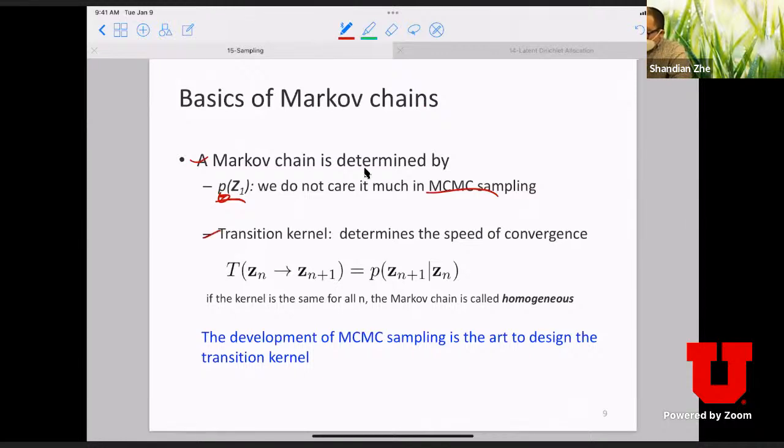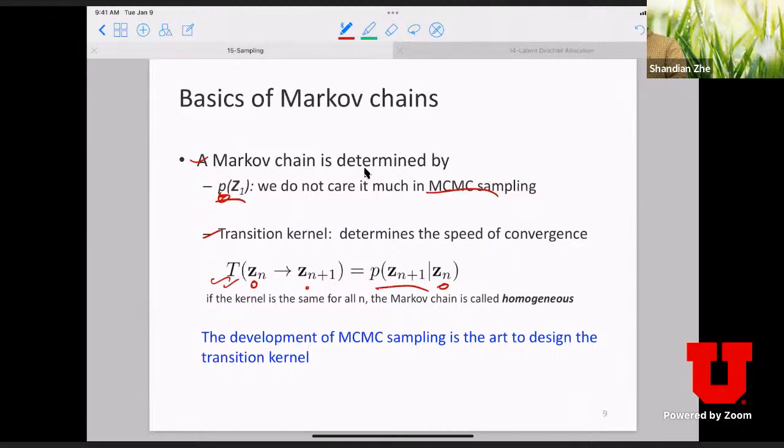And the second component of a Markov chain, which determines the chain's behavior, is the so-called transition kernel. That is, conditioned on the current state, how to sample or generate the next state. In the literature, they usually use T to represent the transition. It represents how you go from state Zn to Zn plus 1, which is essentially a conditional probability distribution.